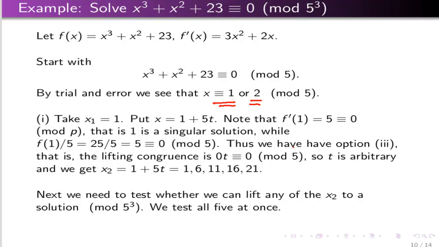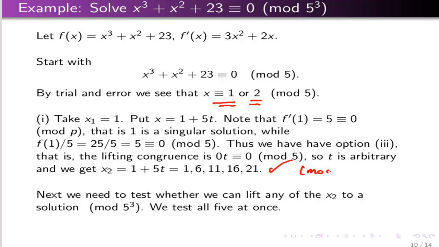So t is arbitrary. And thus, we get 5 distinct liftings to a mod p squared congruence. So x can be 1, 6, 11, 16, or 21 mod 5 squared.